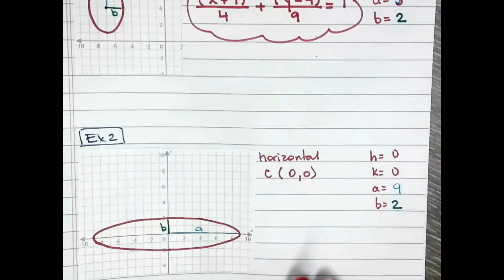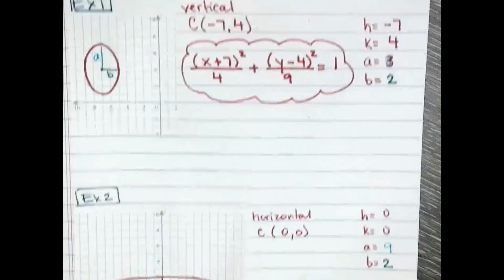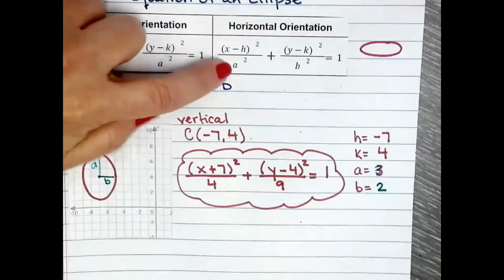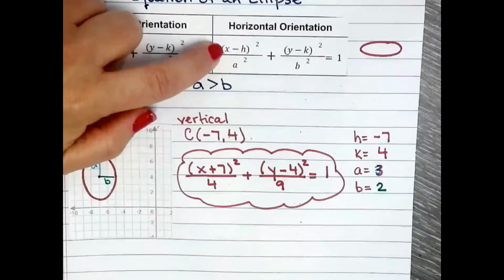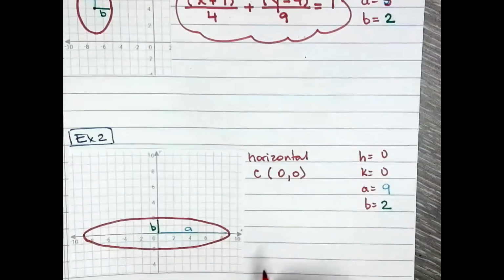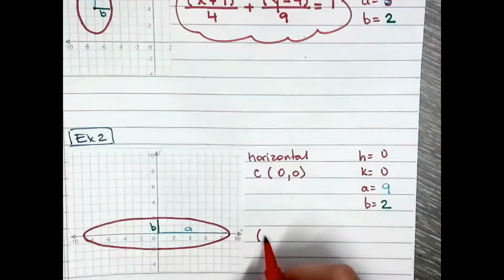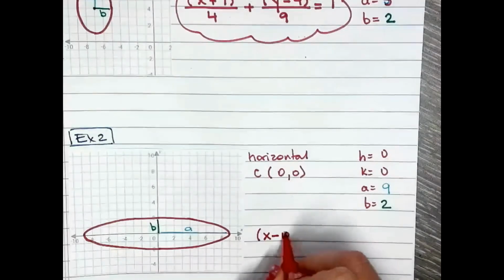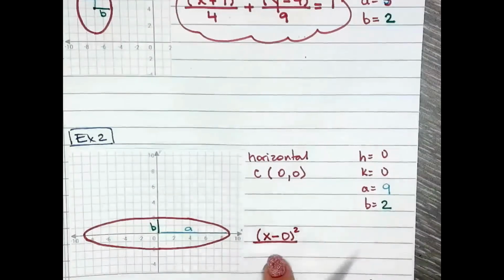Okay. So now we'll look at the horizontal orientation standard form, where A squared is under X. So I have X minus H. H is 0, squared over A squared.